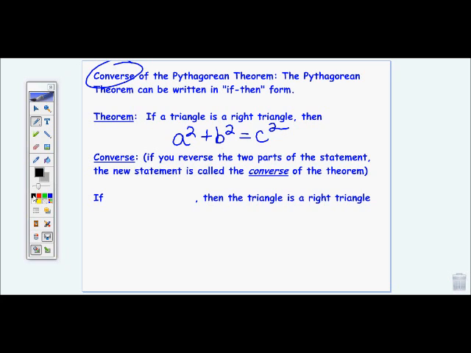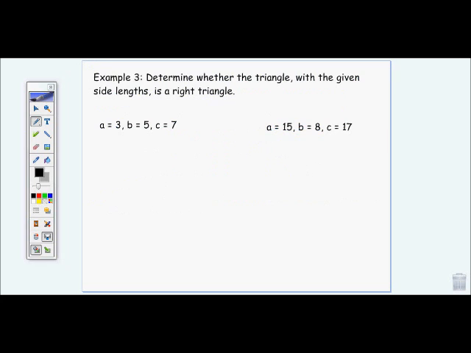So I'm going to do just a little bit different and say, if I see something where A squared plus B squared equals C squared, I know that that's representing a triangle that is, in fact, a right triangle. So let's see how this works. The converse. So we're looking at if we just have terms and no picture, we want to know, is the triangle a right triangle? If the measurements fit into this and make a true statement, it truly is a right triangle.